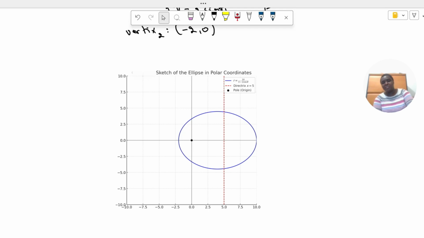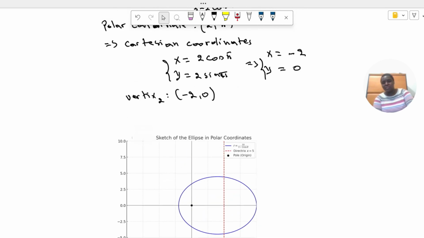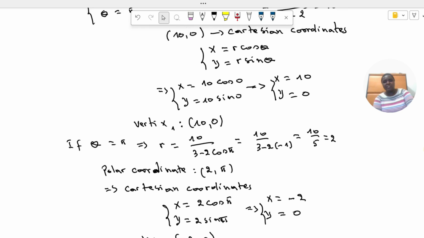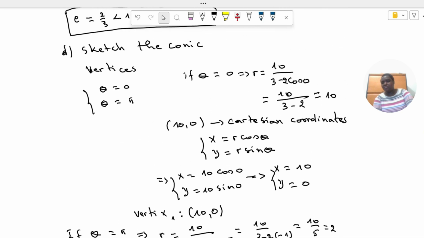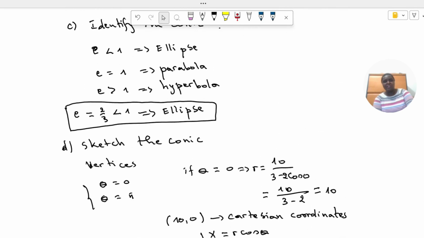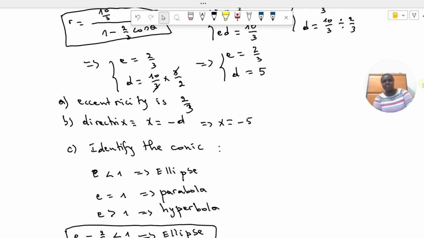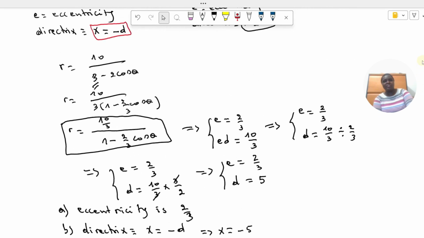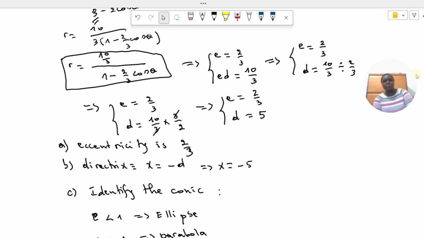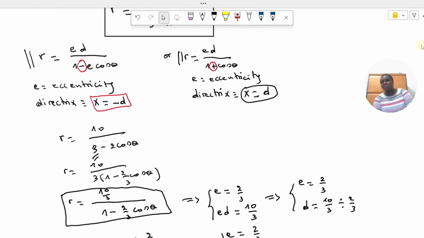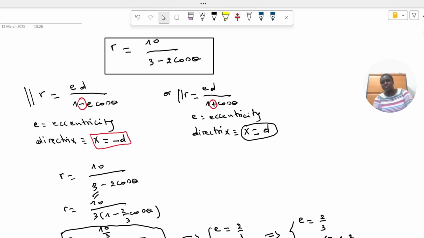This is what we have been asked to do. We have the sketch, and we have the form. It's an ellipse, and we have the directrix with equation x equal minus 5, and we have the eccentricity equal to 2/3. I hope you have learned a lot from this video.